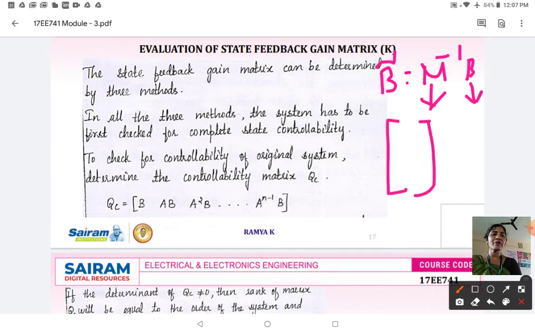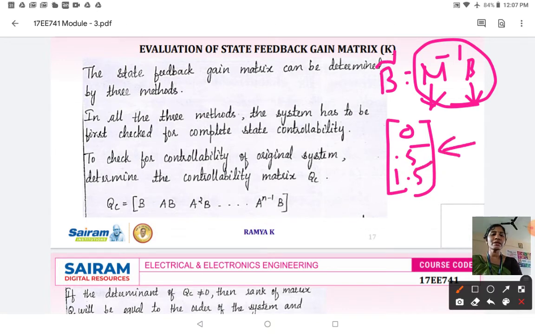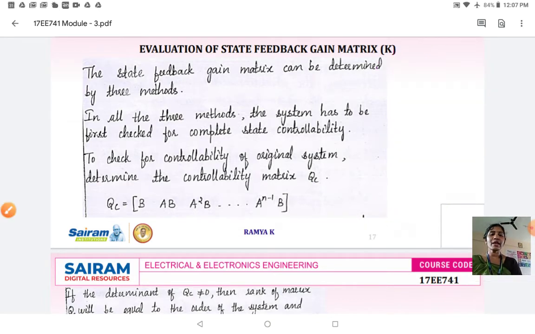Suppose after computing M inverse B I get 0, 0.5, 1.5. Then the system is not controllable, because one of the elements in M inverse B is 0. To have complete controllability, none of the elements in M inverse B should be 0. Likewise, you can identify the system controllability.